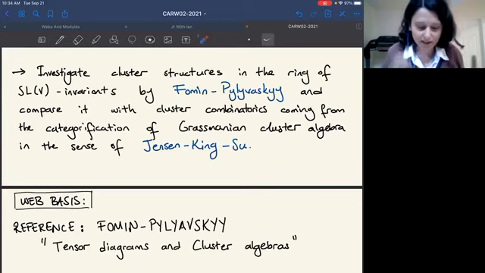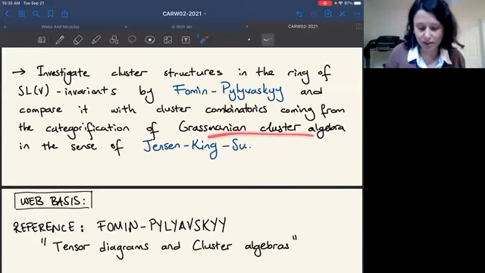There is this nice combinatorics of tensor diagrams and webs, which are related to the ring of SL_k invariants. And on the other side, we have a very nice categorification of Grassmannian cluster algebras in the sense of Jensen-King-Su. Then it's natural to ask, is there any relation between these two different settings?